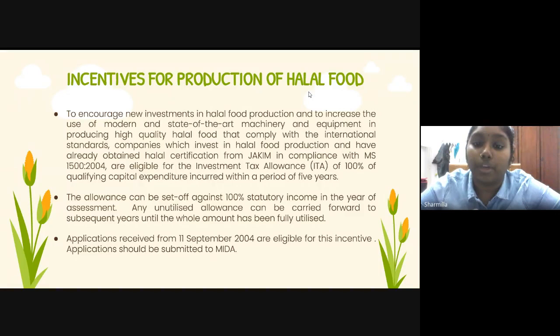The allowance can be set off against 100% of statutory income in the year of assessment. Any unutilized allowance can be carried forward to subsequent years until the whole amount has been fully utilized. Applications from 11th September 2004 are eligible for this incentive, and the application should be submitted to MIDA.